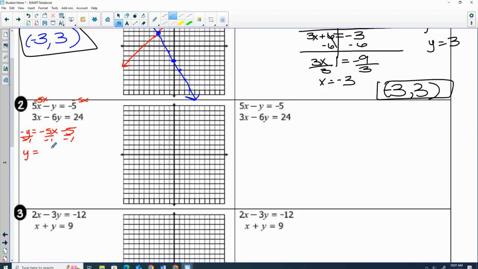So y equals 5x plus 5. So we start at 5 for the y-intercept. How do I do my slope? Up 5 and right 1, down 5 and left 1. Use your ruler.